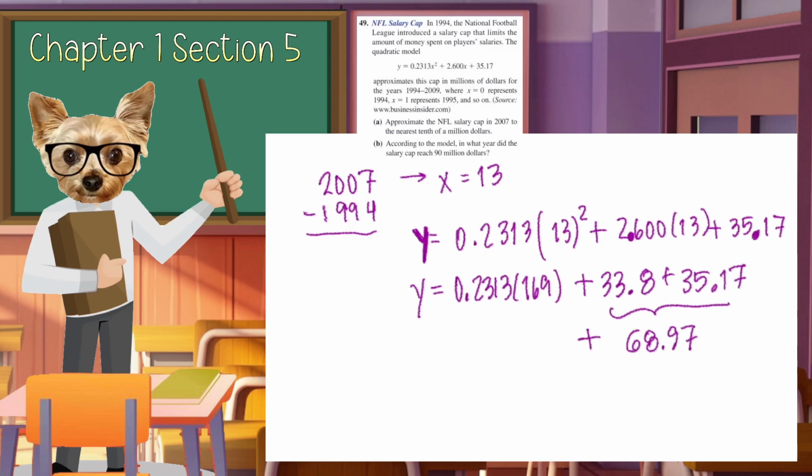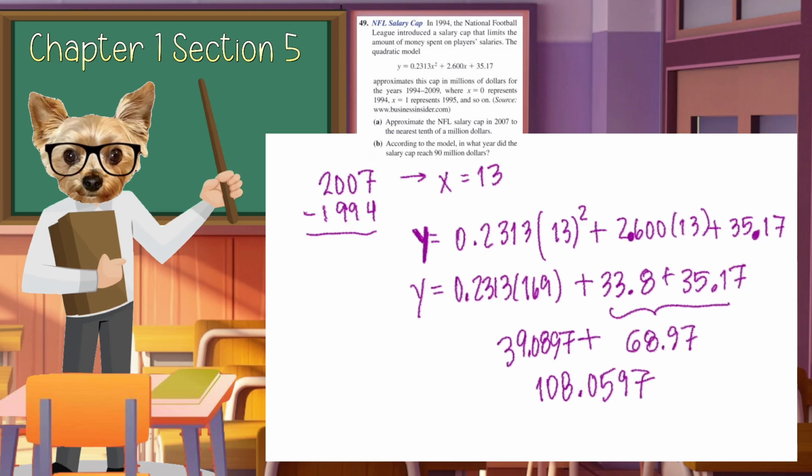And then we have 169, which is 13 squared, times 0.2313. That's going to be 39.0897. Then I'm going to add that to 68.97, and I get 108.0597.